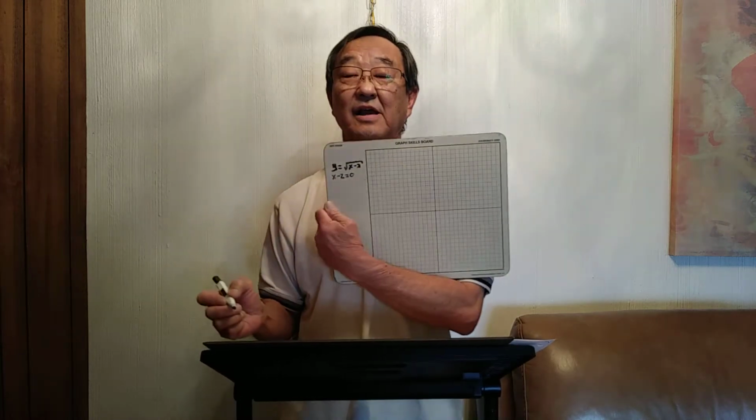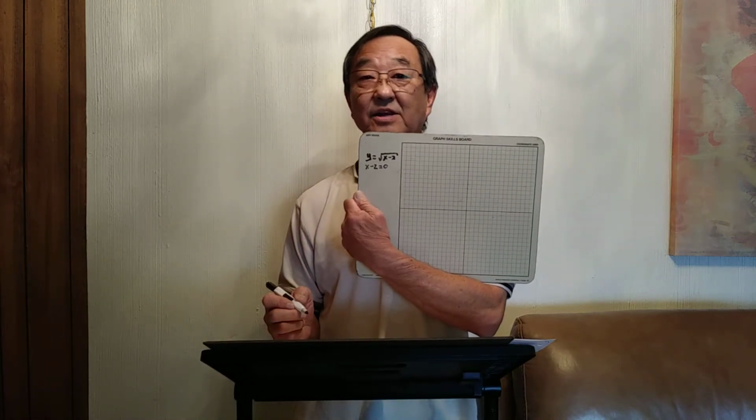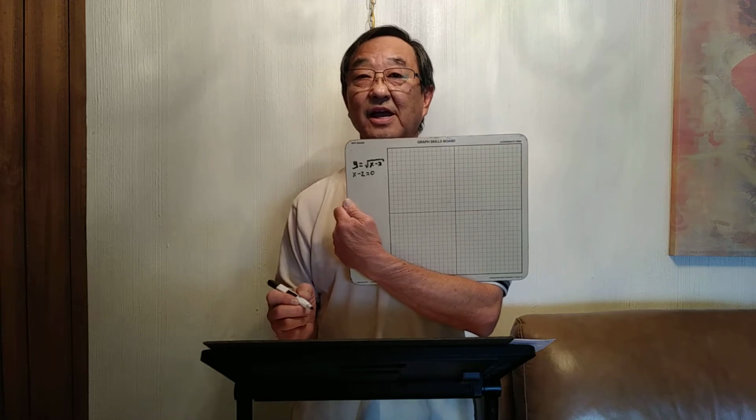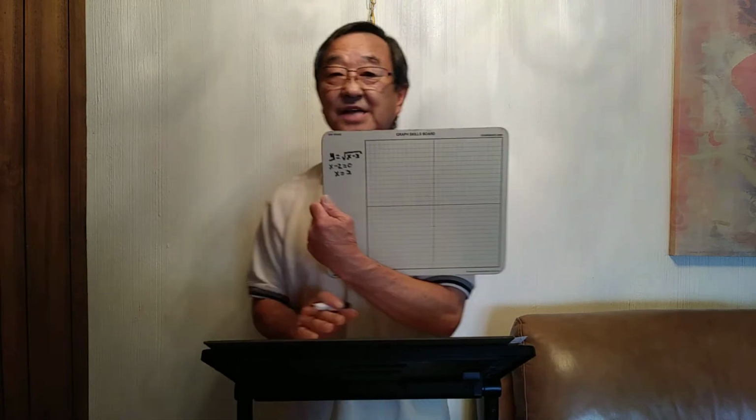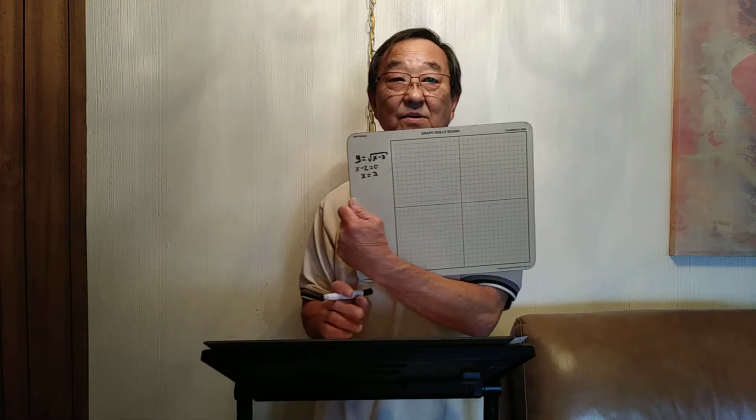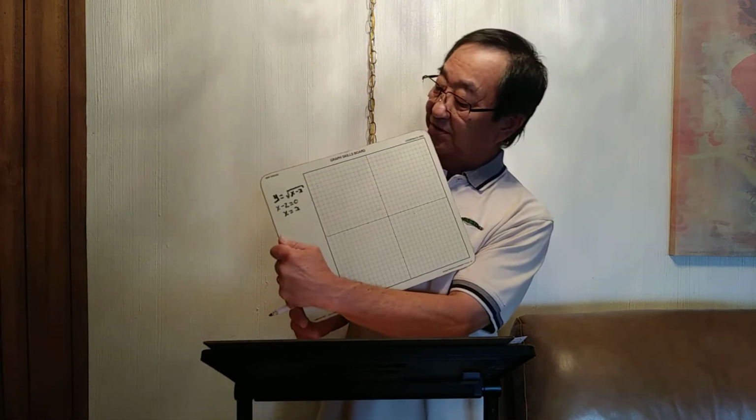You take the inside, x minus 2, set it equal to 0, and solve for x. You move the 2 to the other side, so x is equal to 2.